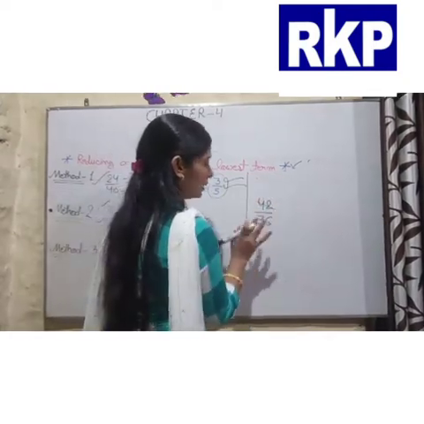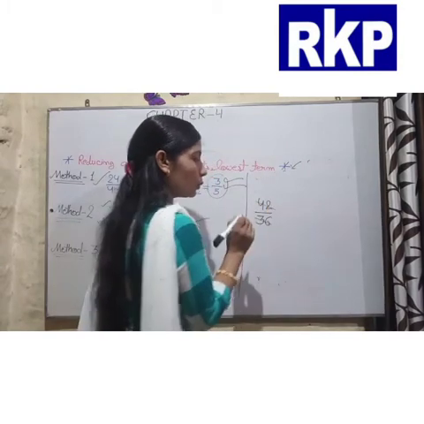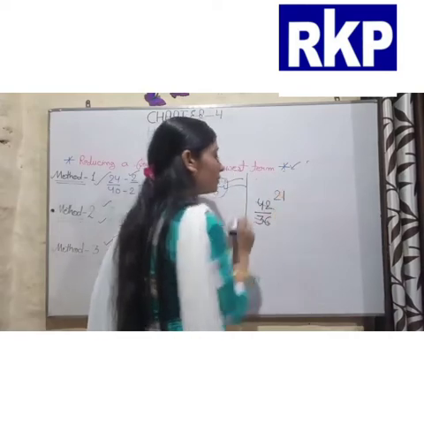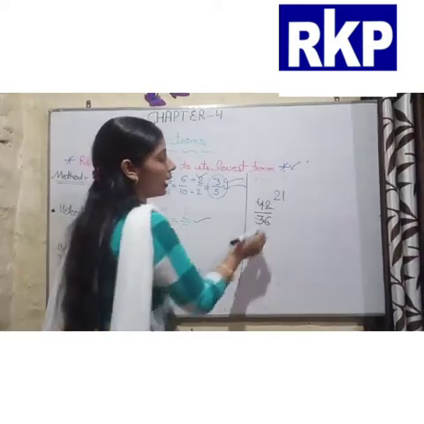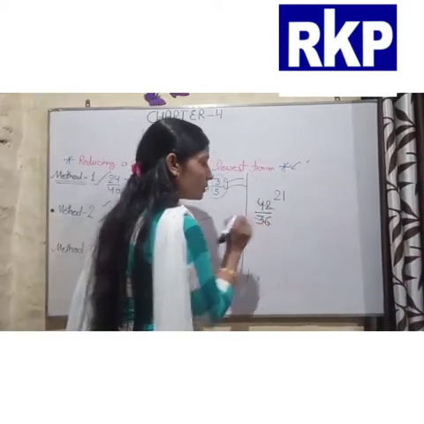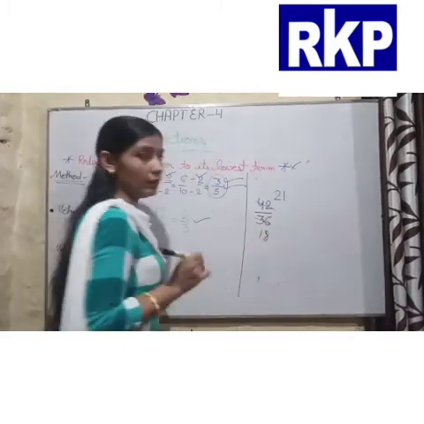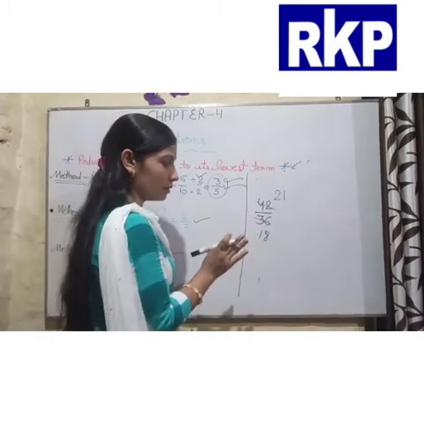If we divide 42 by 2, we will get 21 as a quotient, and if we divide 36 by 2, we will get 18 as a quotient.